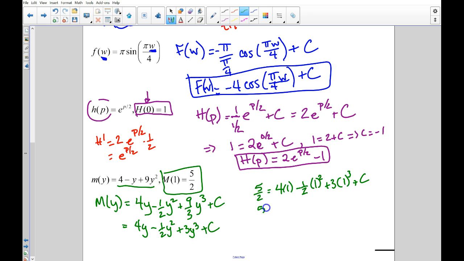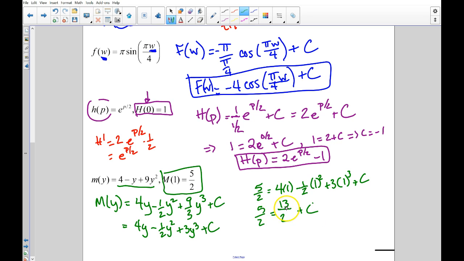So 5/2 is equal to 4 plus 3 is 7, 7 minus 1/2 is 13 halves, plus c.